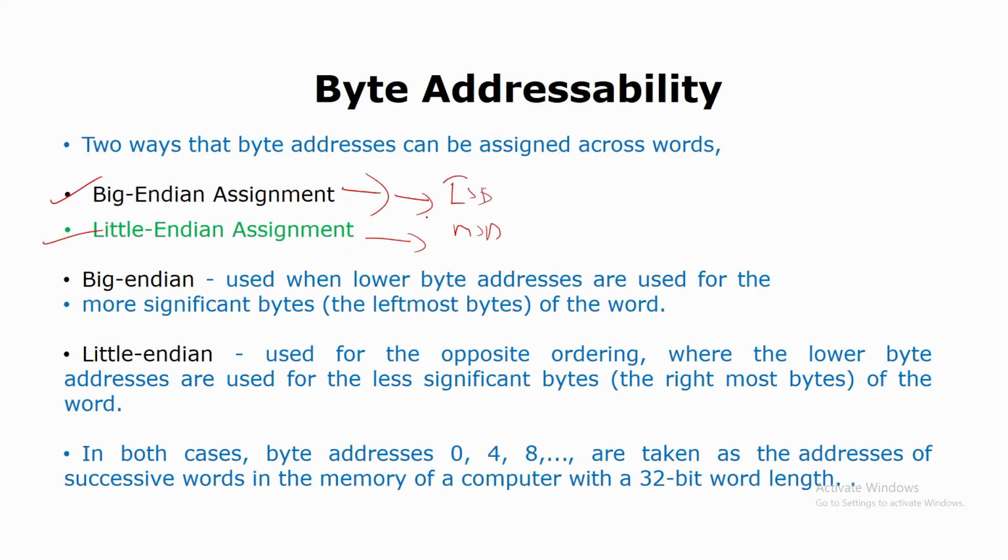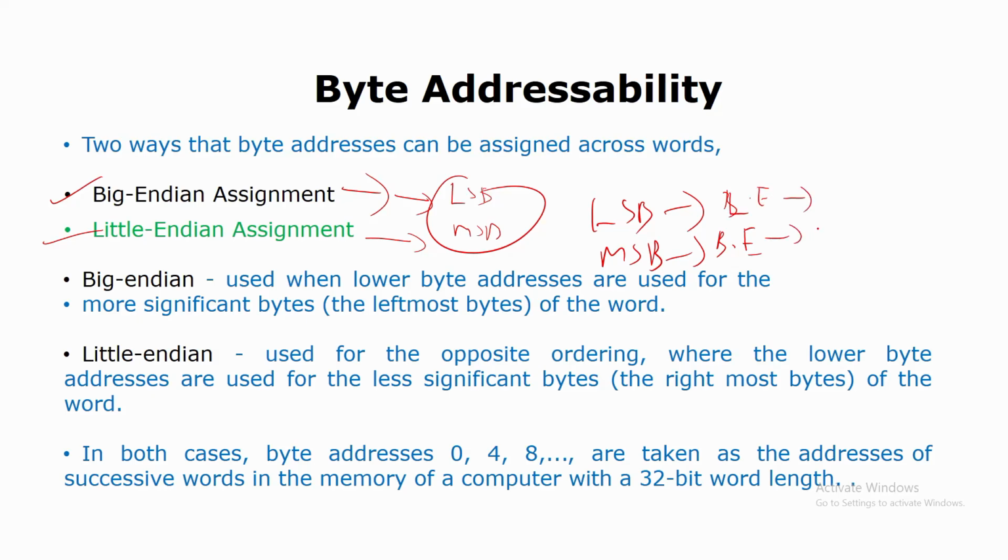So the LSB and MSB are linked with respect to the memory address. Big endian leads with the MSB, and little endian leads with the LSB.